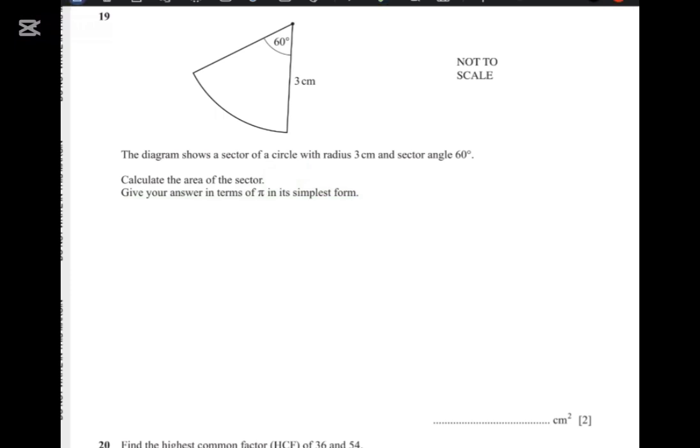The area of a sector formula: area of sector equals theta by 360 into pi r squared.